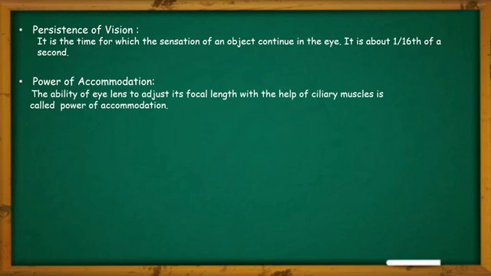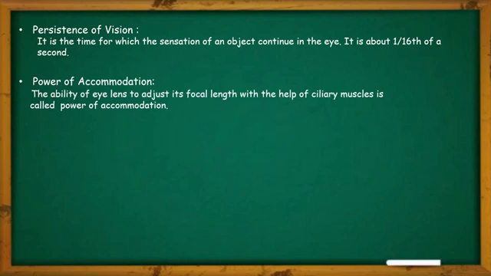Next, let us know about the power of accommodation of our eye. What is power of accommodation? Power of accommodation is the ability of our eye lens to adjust its focal length with the help of ciliary muscles.